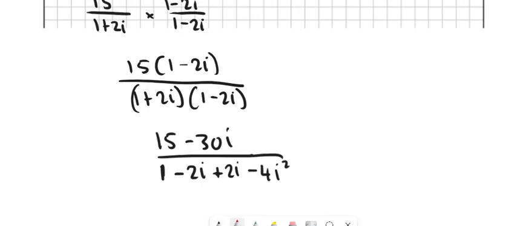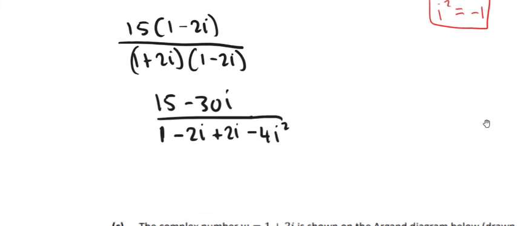Now, one of the main rules for complex numbers is that i squared always equals minus 1. Anytime we see an i squared in this question, we can replace it with a minus 1. So if I replace that i squared there with a minus 1, it will be minus 1 multiplied by minus 4, and that will give me plus 4 on the bottom.